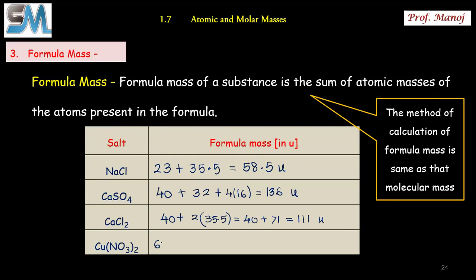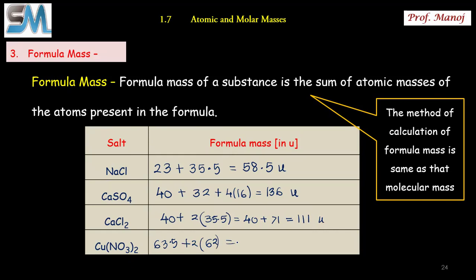Copper is 63.5. Now let us calculate NO3 a bit separately. Nitrogen is 14. Oxygen is 16 into 3, that's 48. So NO3 is 62, and this number 62 is taken 2 times because it's NO3 twice.